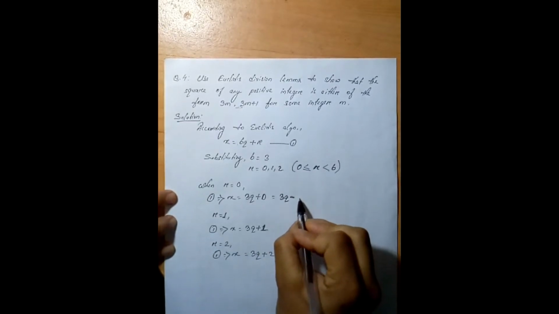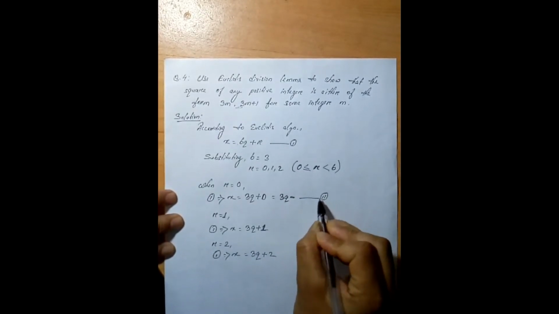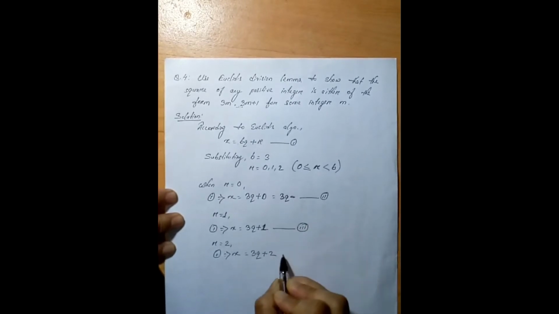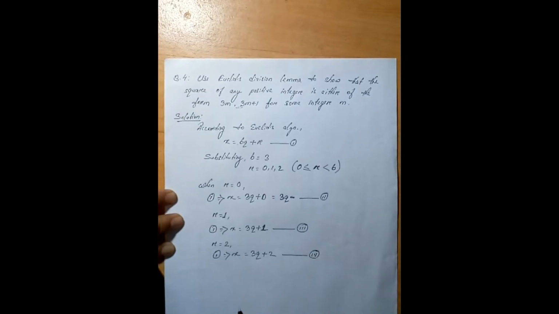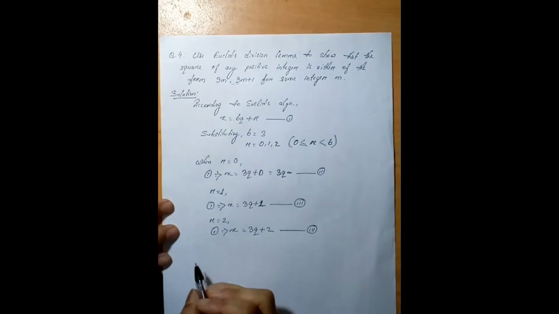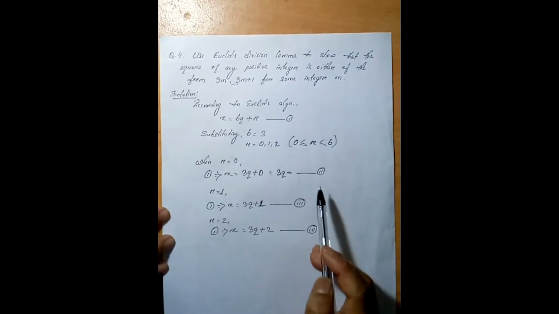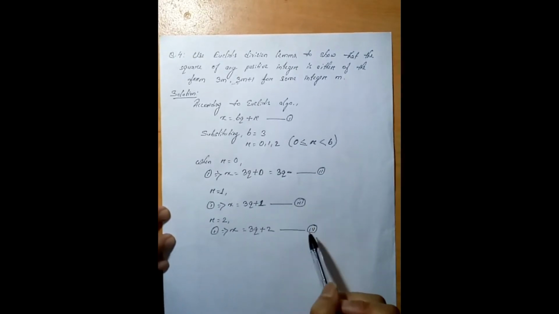Okay, so now let's square these equations. Let's take these as equation 2, equation 3, and equation 4. Now let's square equations 2, 3 and 4.